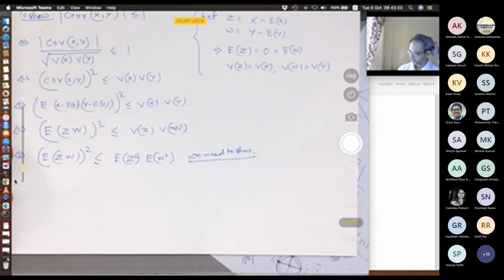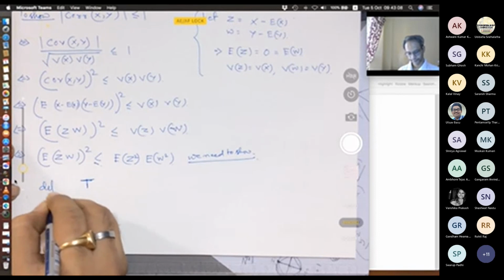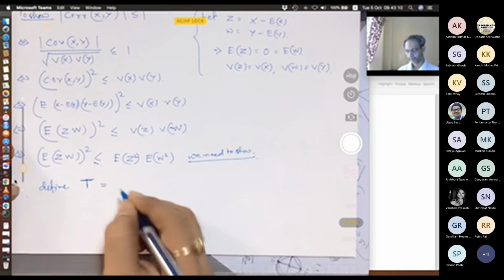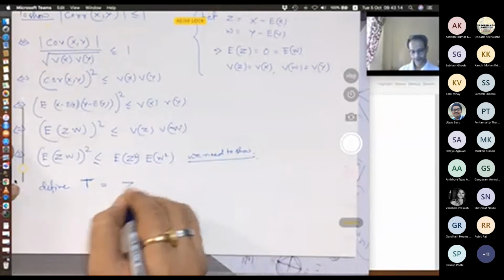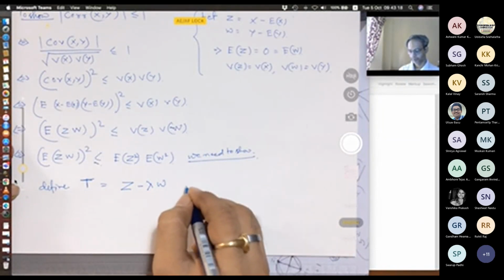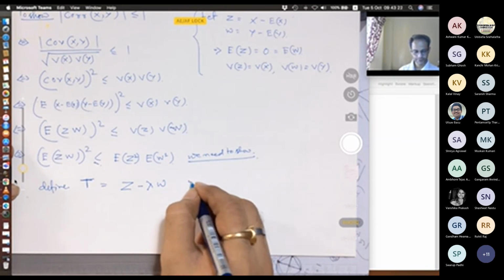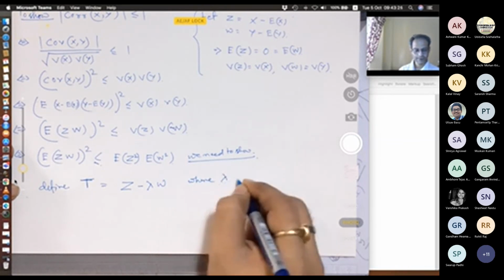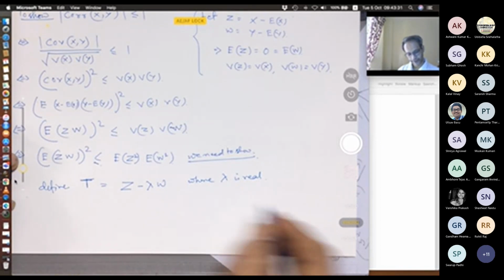Okay, now let us define T, another random variable which is again a linear combination of Z and W in this way, T equals Z minus lambda W, where lambda is real. Now, what will be the expectation of T?